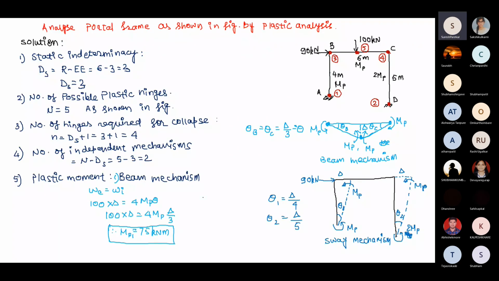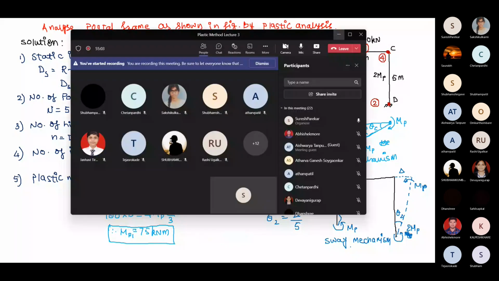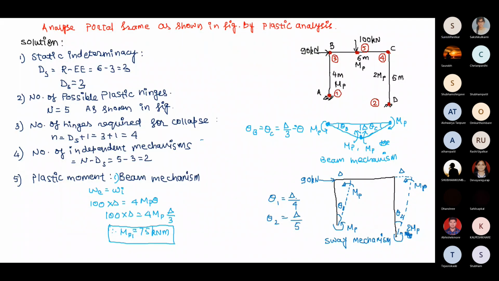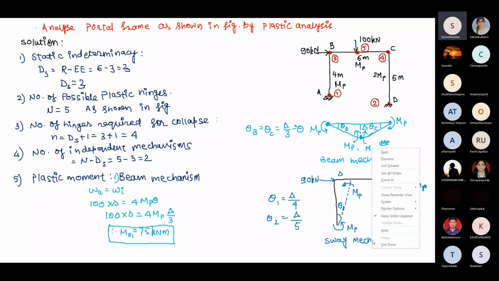You can see this MP into θ1. I will mention one by one. This is first and this is second, so 2 MP θ1. Third, this is θ2, so MP into θ2. And this is fourth, 2 MP into θ2.